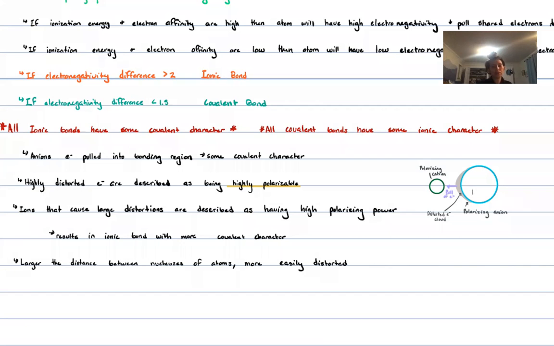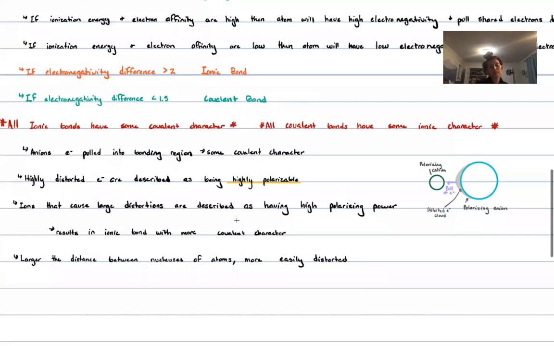If you have something that's very positively charged, it's going to distort that cloud and pull it towards it, since that cloud is very negative. So if you have a cation over here and an anion, then a big electron cloud is going to move towards the positively charged cation, because opposite charges attract.